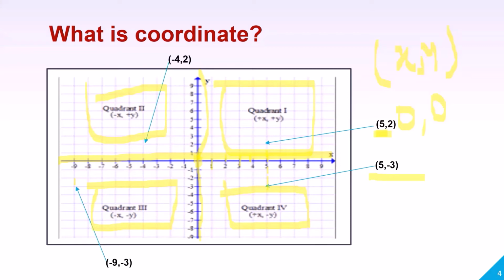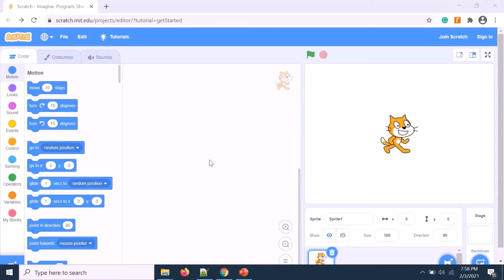We'll go by the Scratch coordinate plane and discuss it in detail. Now we'll talk about coordinates in Scratch. Here, this is the program running area, and the sprite is moving in it.